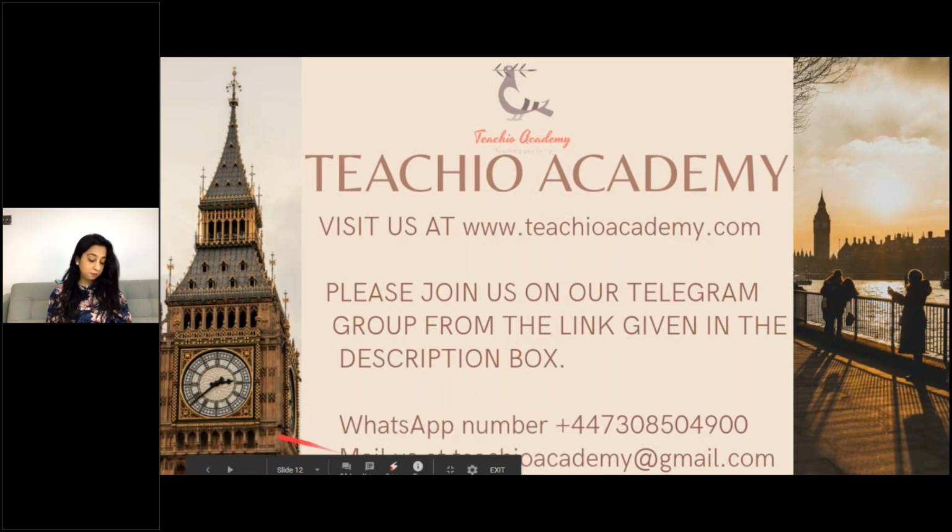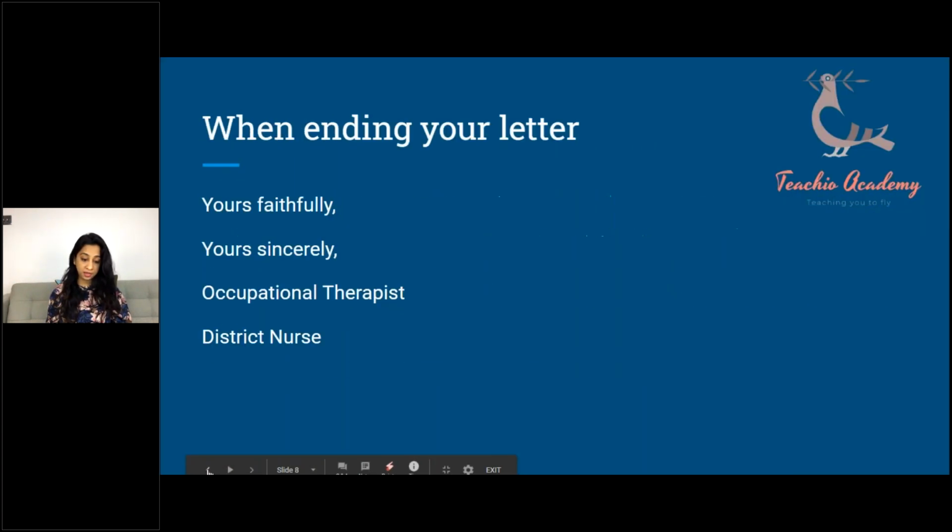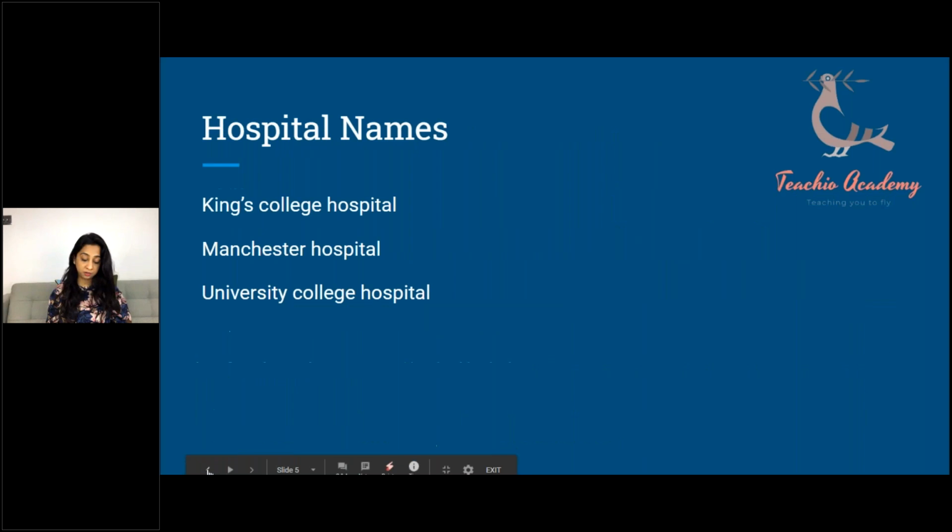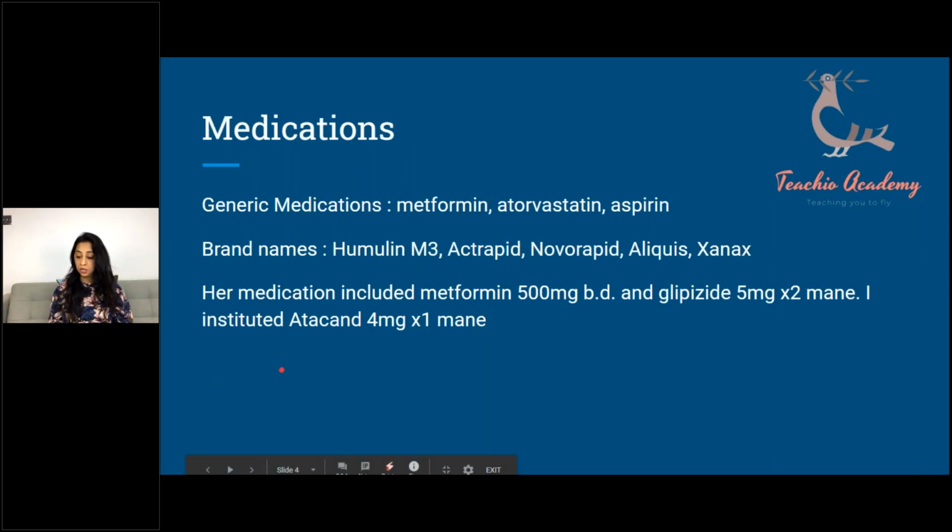Okay, so Kalpana has asked that she's confused about medications. Okay, Kalpana, this is actually the most important part of today's session. So when you have generic names, which are not brand names, then you're going to be using small letters.